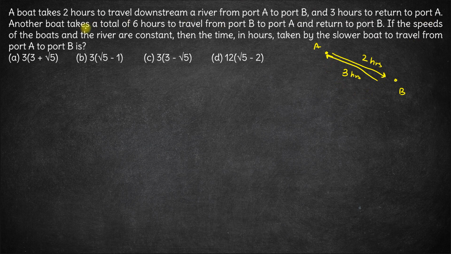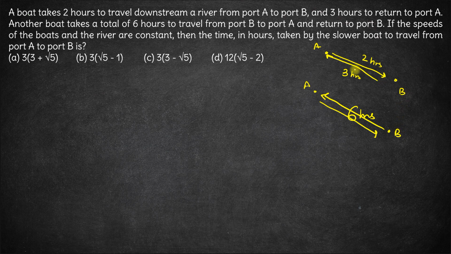There is another boat which takes a total of 6 hours to travel from B to A. So now it goes from B to A and then comes back, and it takes a total of 6 hours. So it's pretty much the same thing. Here also the boat is traveling twice between A and B, one way and the other way.